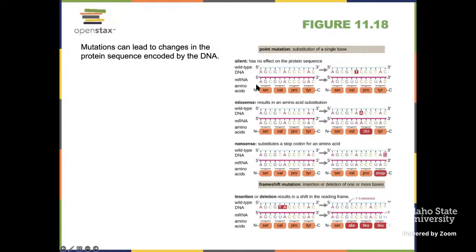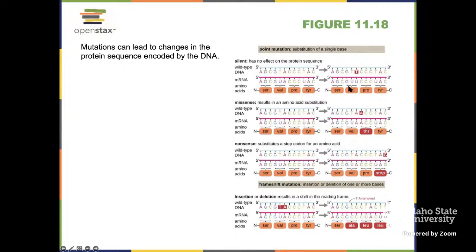And this first bit right here really is an example of that. So this is what we call a silent mutation. We have had a change in the nucleic acid. In our DNA up here, we can see an adenine has been replaced with a thymine. We make our messenger RNA. The codons, the letters look different, but the amino acids they're actually coding for are the same.